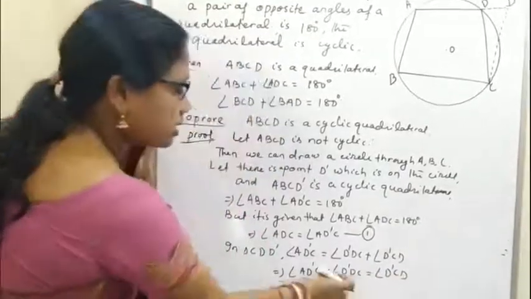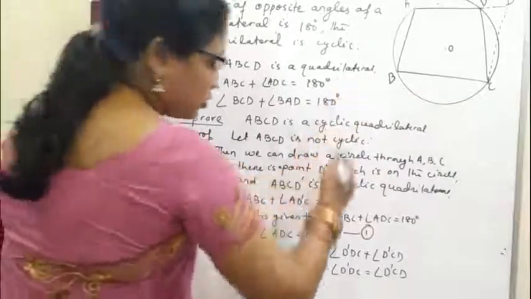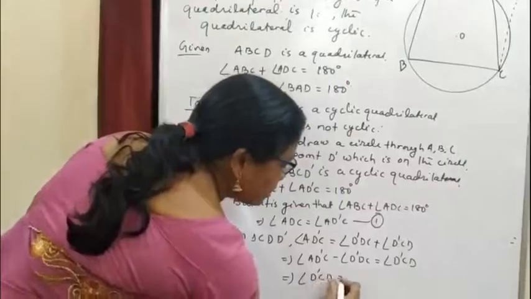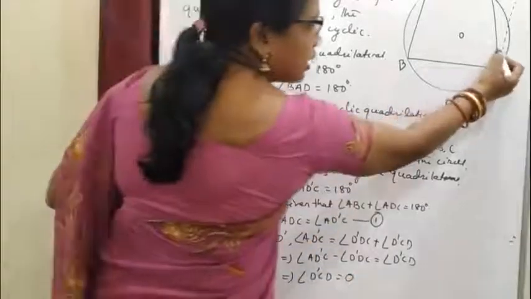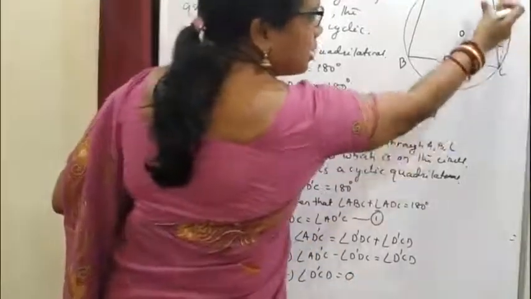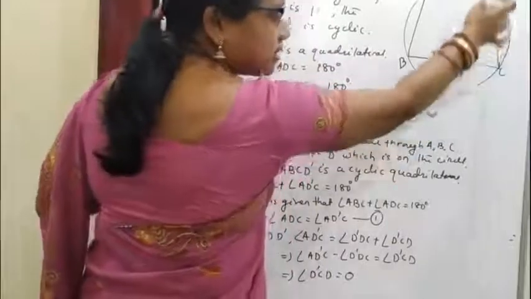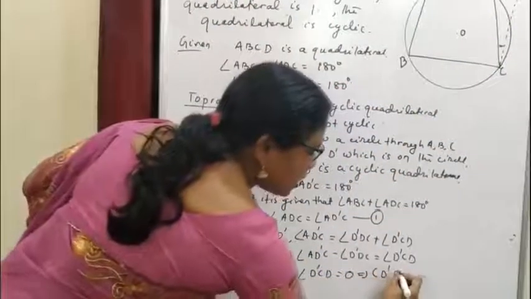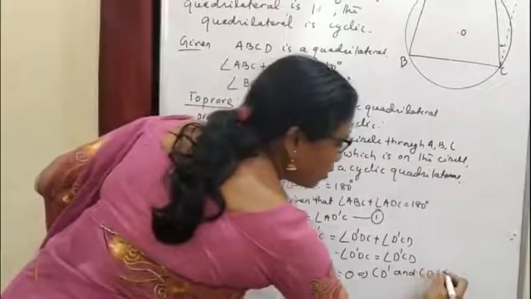So these two angles are equal. So this implies angle D'CD is equal to 0. So this angle is 0. That means these two lines CD' and CD coincide. So this implies CD' and CD coincide.